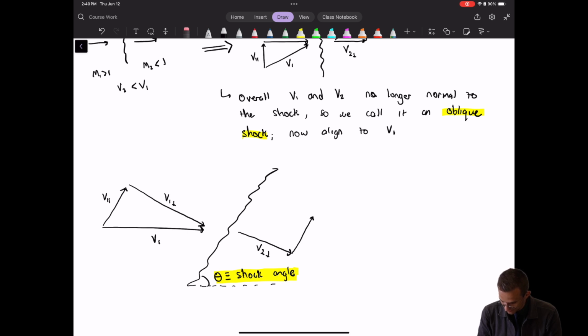What you end up with is, because the magnitude of the parallel velocity component remains the same, but the perpendicular component shrinks because it's going through a normal shock, the overall velocity on the other side is deflected slightly.